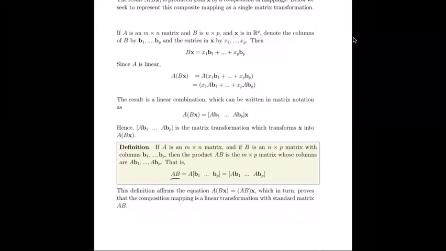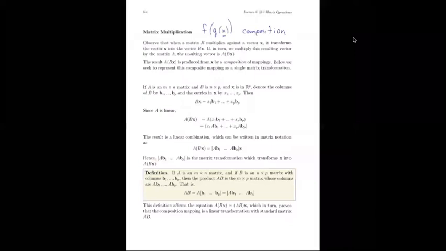We define the matrix product AB as A times the columns of B, and written one step further, more explicitly, A times each column vector B1 through BP in the matrix B. So the definition matches exactly what we would expect from the composition of these two mappings, so that thinking about these matrices as linear transformations guided our decision on how to define matrix multiplication.